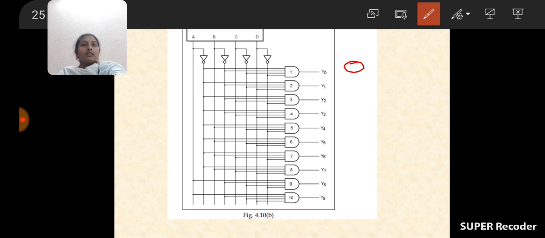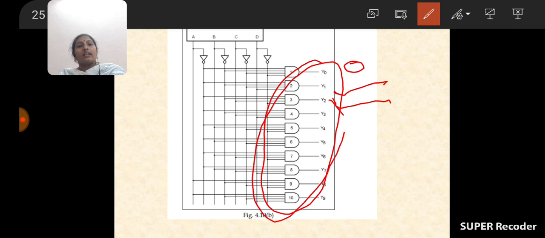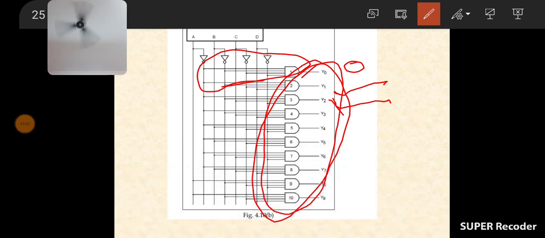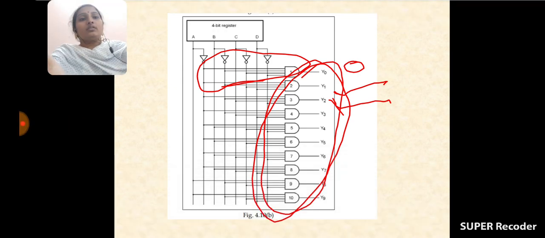Because Y0 is connected to A, B, C, D. And if we are applying 0, 0, 0, 1, Y1 produces the output. If we are applying 0, 0, 1, 0, Y2 produces the output. In this way the gates are arranged, with the help of NOT gates, 0 is converted into 1 and 1 is converted into 0.